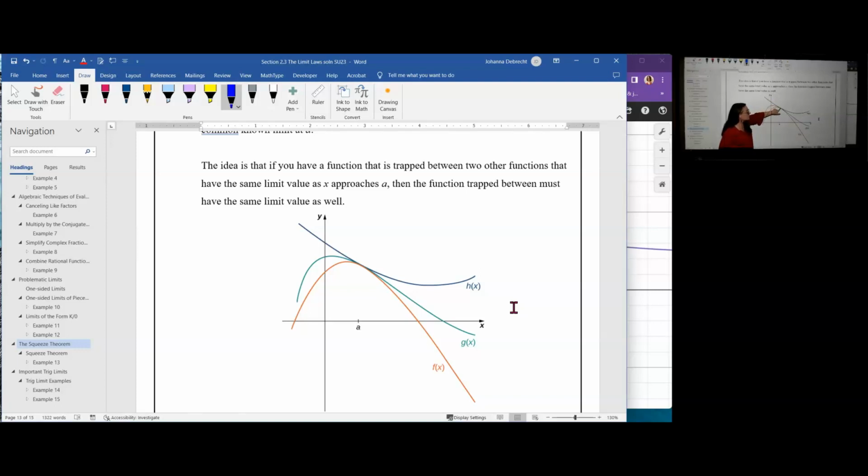Well, if the function h and the function f have the same limit value at A, then the one that's in the middle has to have the same limit value. That's the idea.